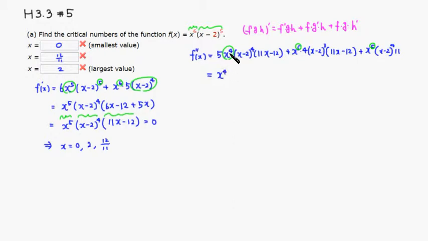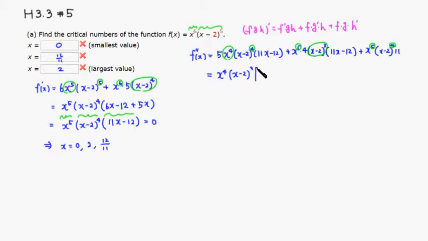Then what else? Here we have x minus 2 cubed: you have 4 of them here, so I'll take 3, and 4 of them here, so I take 3. So you have x minus 2 cubed.